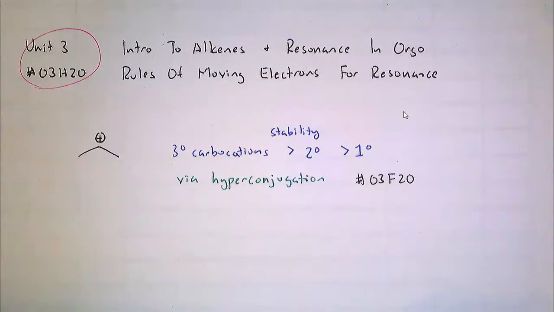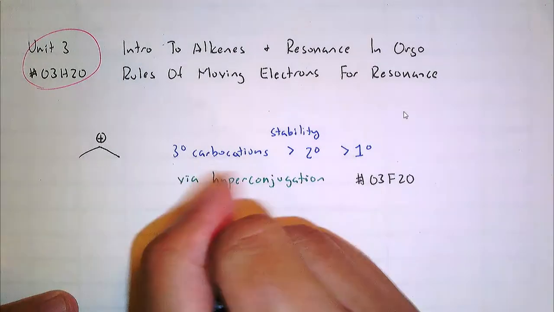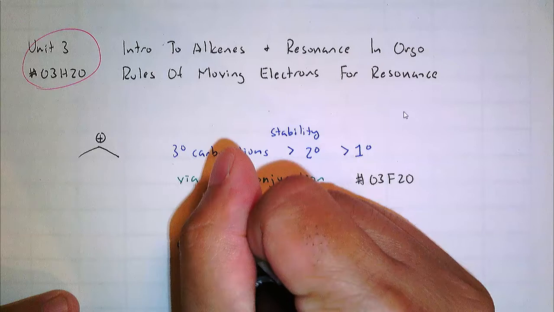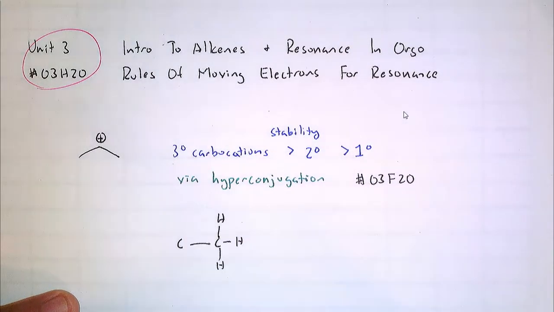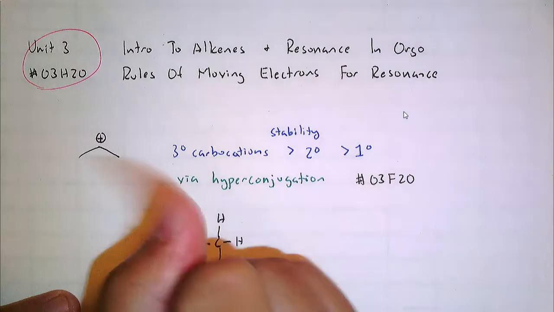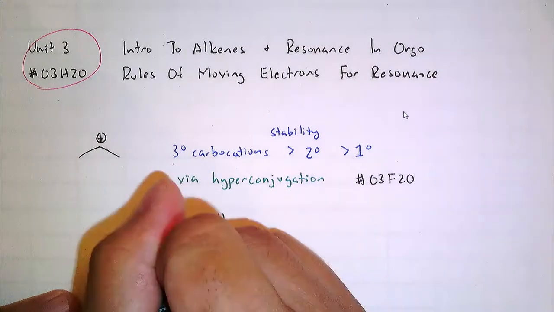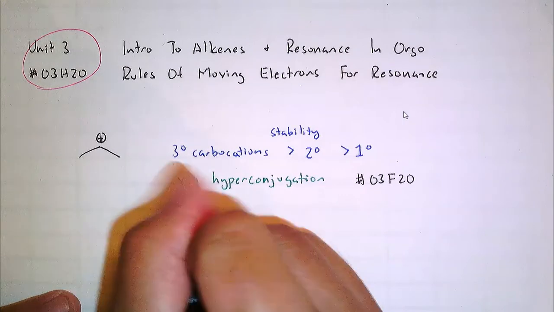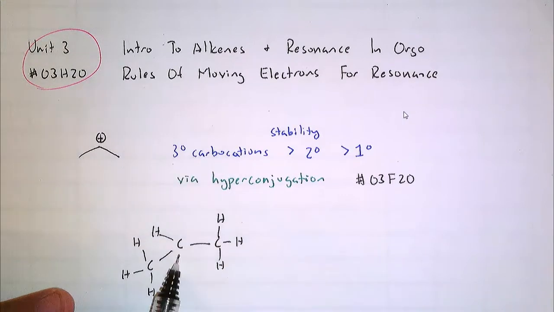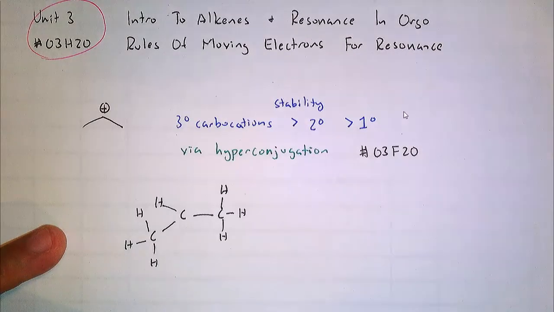Is it really true that we're mitigating that plus charge? Well, if we draw out one group to the right, one methyl group, an alkyl group, let's make this carbocation secondary. So this carbon only has 3 bonds, and we have a plus charge here.